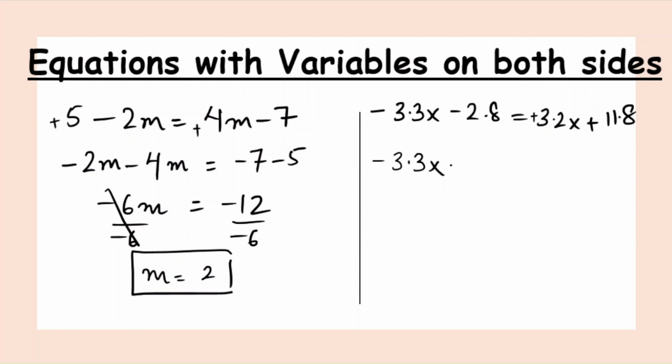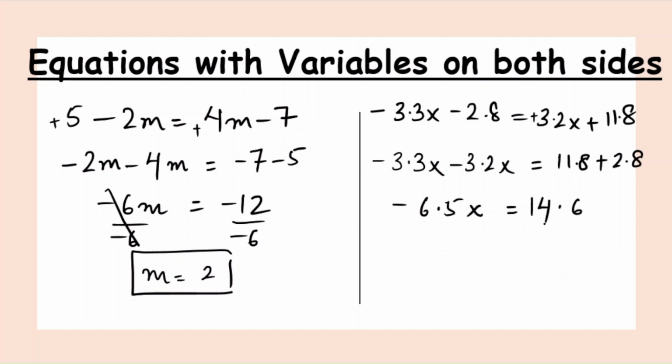So when it comes to that side, it will become minus 3.2x equals 11.8, and this minus 2.8 will become plus 2.8. Minus 3.3 minus 3.2 will give me minus 6.5x equals 11.8 plus 2.8, which gives me 8 plus 8, 16, 11 and 1, 12, plus 2, 14.